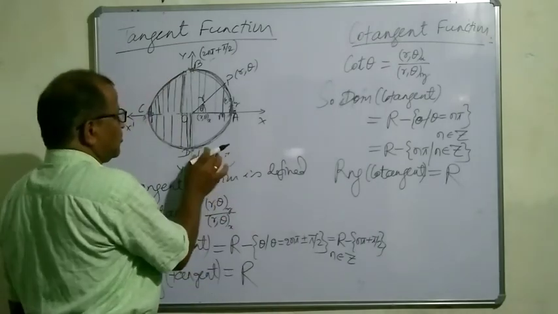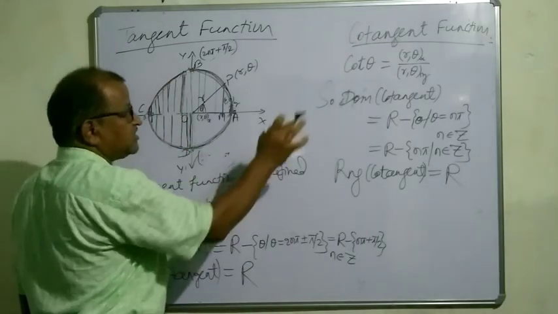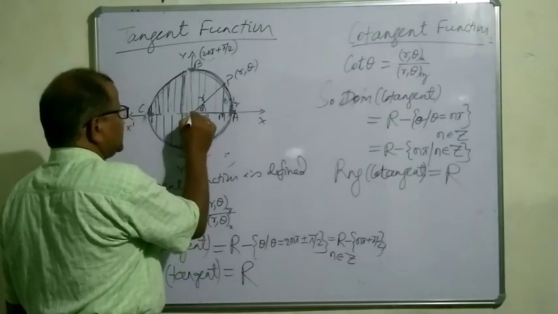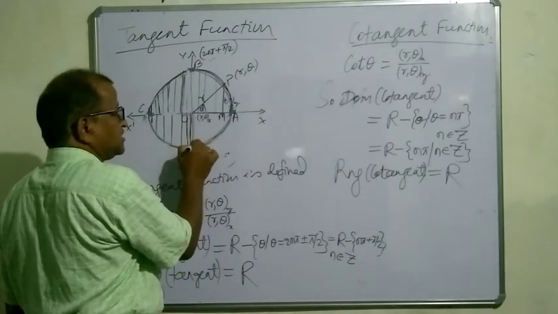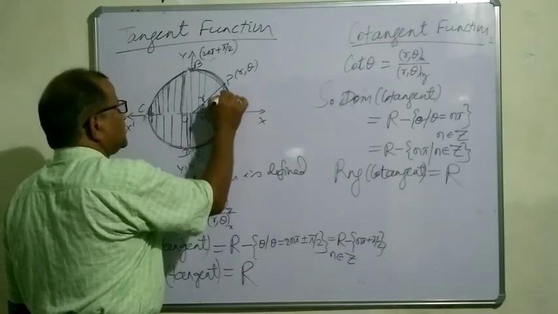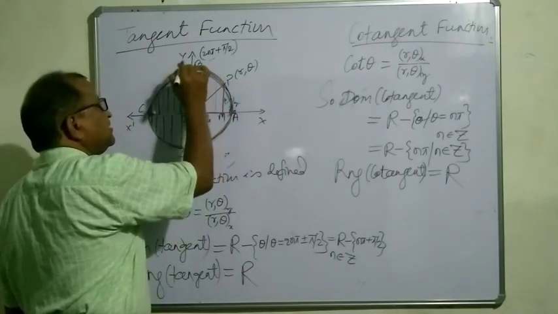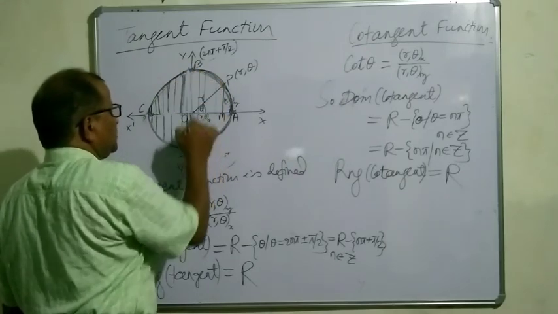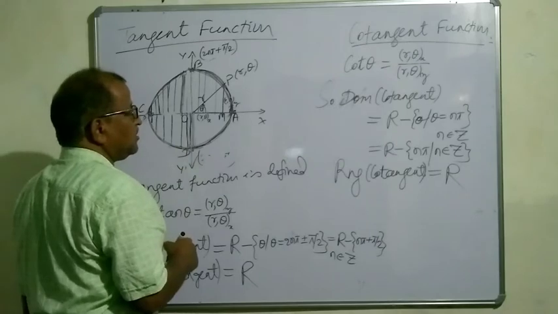Okay, cotangent function, r theta x by r. x is very small positive but y is negative, so it is minus infinity to 0, then it becomes infinity here. Sorry, it is 0 here.